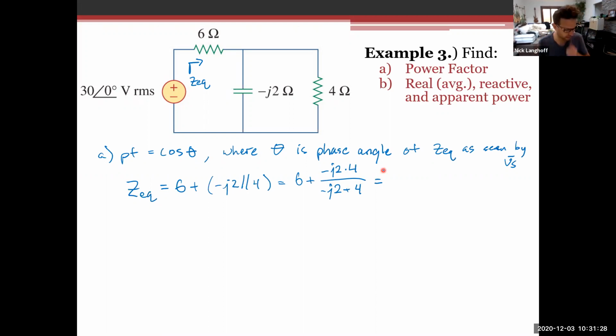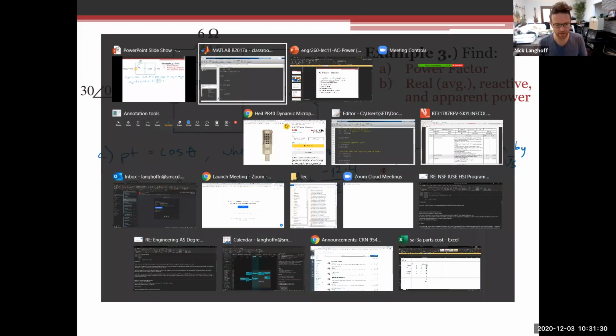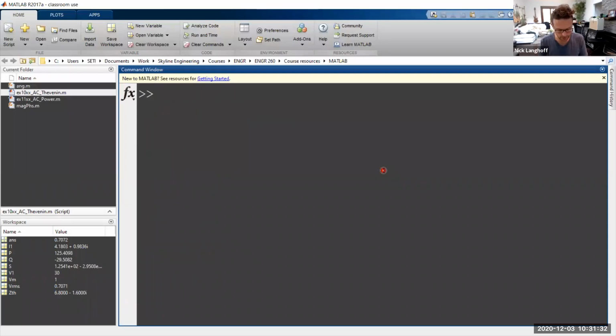And if you went and calculated that, what I would do is put this into MATLAB. I think I already calculated this. I called it Z Thevenin instead of ZEQ, but you'll see that this is 6 plus 4 times negative 2J over 4 minus 2J. And if you calculate that, you can see what it is in rectangular form.